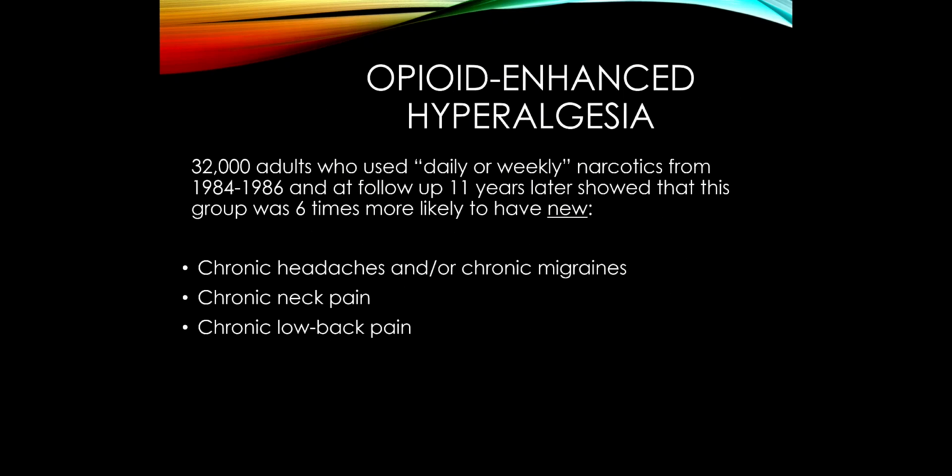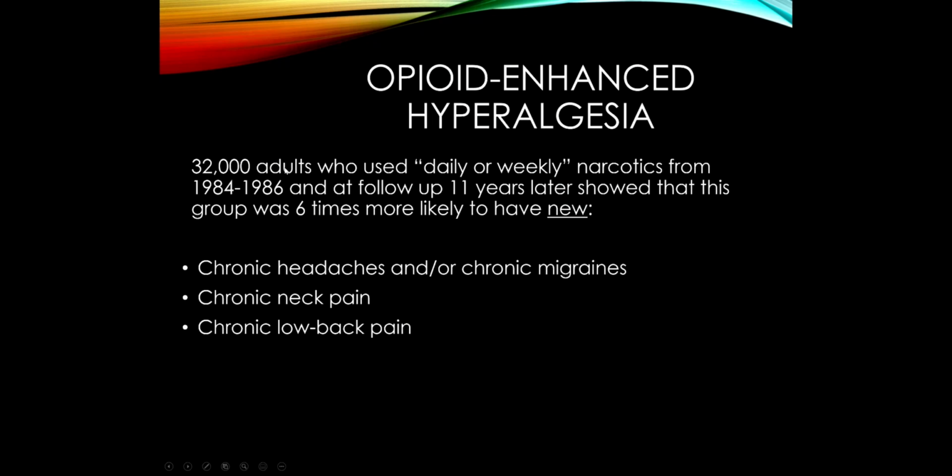So patients who do use opioids or narcotics on a regular basis can develop what is known as opioid-enhanced hyperalgesia. There are a number of theories about why this develops, but there is a lot of literature out there describing it.